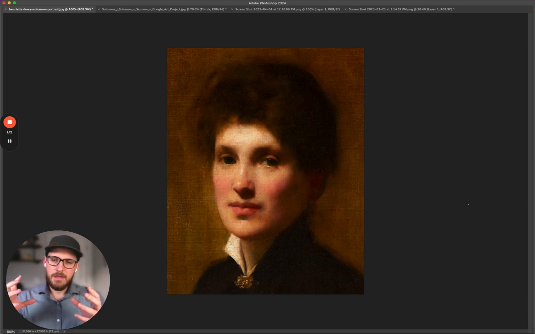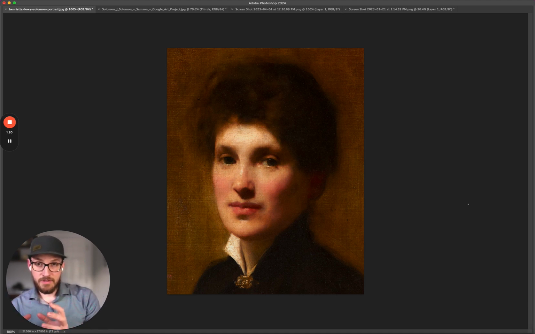But it's helpful to understand the idea of focus because I'm putting it over against the idea of the center of interest, right? So there are painters who say that the center of interest is what the painting is about. I'm saying that the focus is what the painting is about. So we have the focus on the portrait here, Mrs. Solomon, Henrietta Solomon specifically.